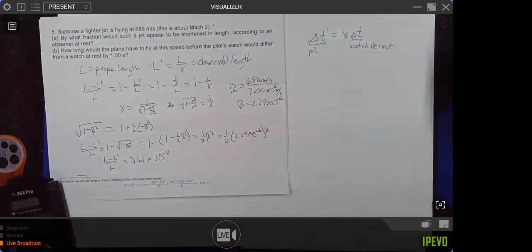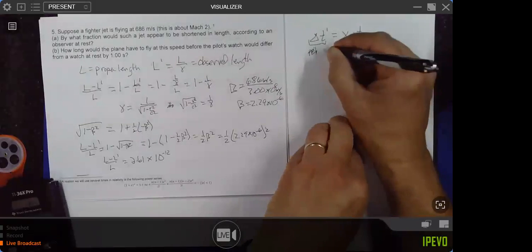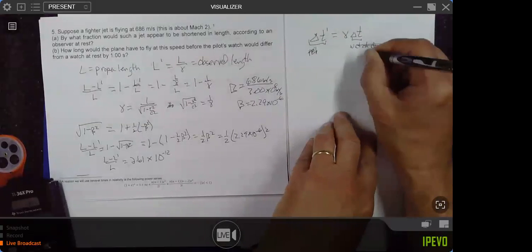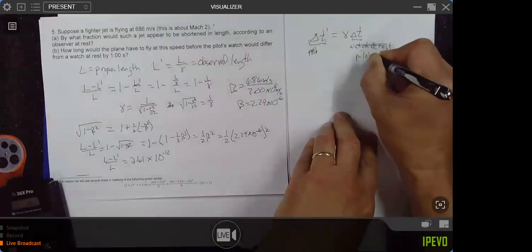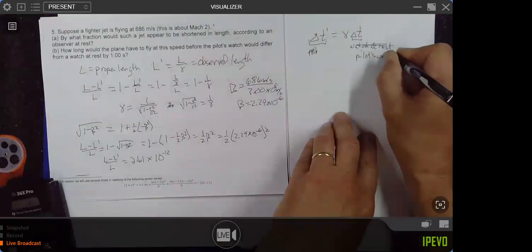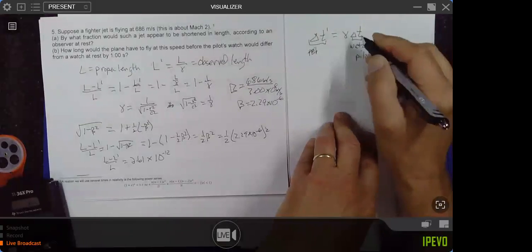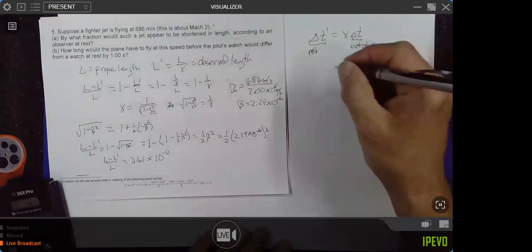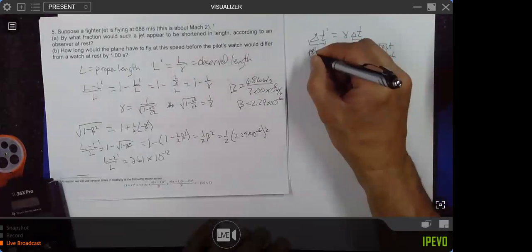These things are hard to wrap your head around. The observer is going to say the pilot's watch runs slow, or the observer on the Earth, because the pilot is moving very fast. Yeah, I'm going to call this the pilot's watch. That's the thing that's moving, but it's a proper time measured in the pilot's reference frame. This is the observer's watch.